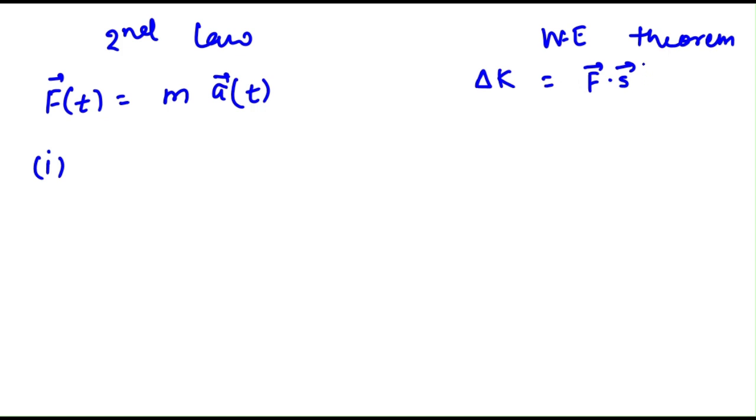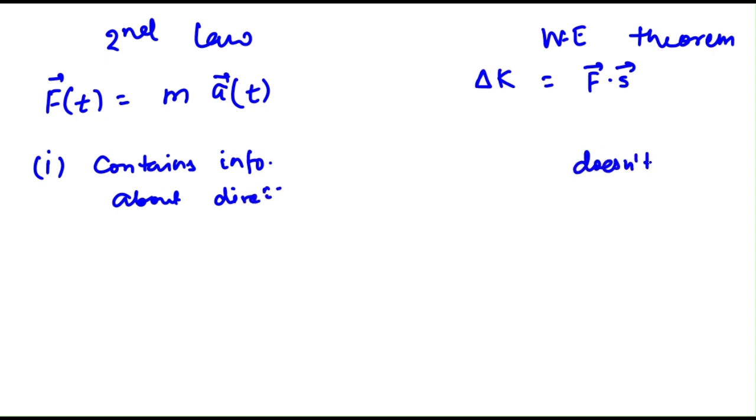So in the work energy theorem, we do not have information about the directions. So I can write this contains information about the directions, but this does not.